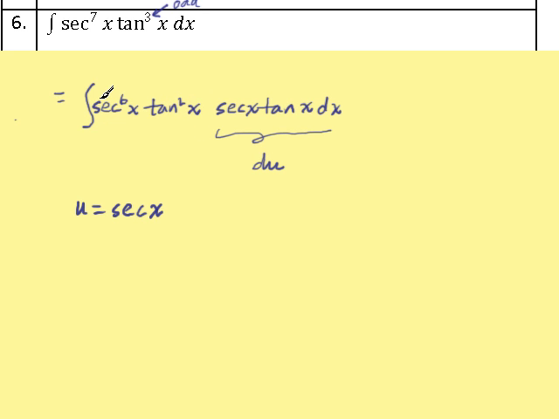Now we want everything here to be secant. So we're going to use the same identity that we had before. Let me put that down again. 1 plus tan squared is secant squared. So secant squared minus 1 is tan squared.